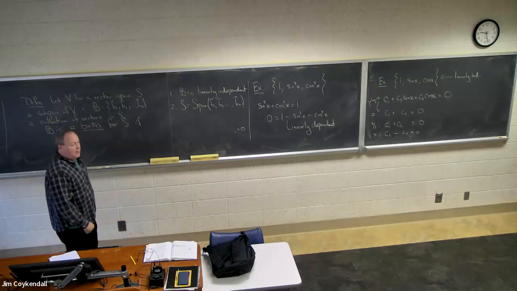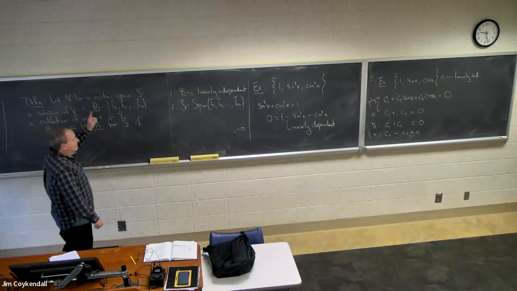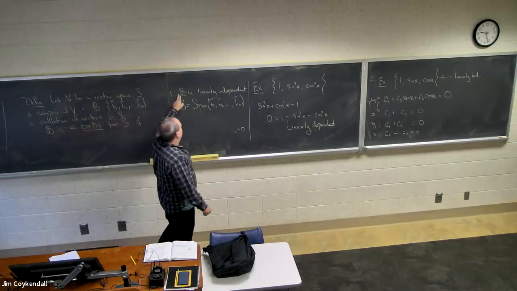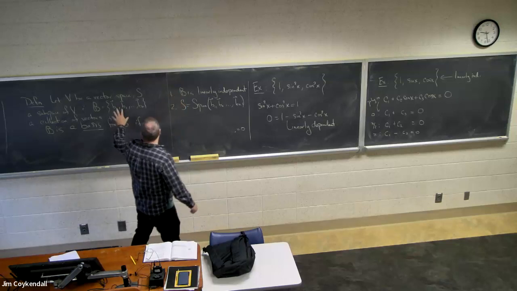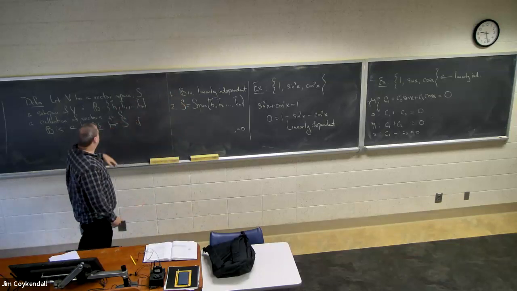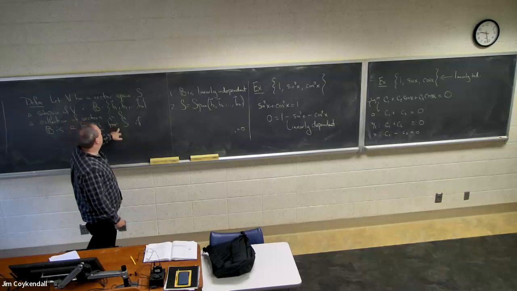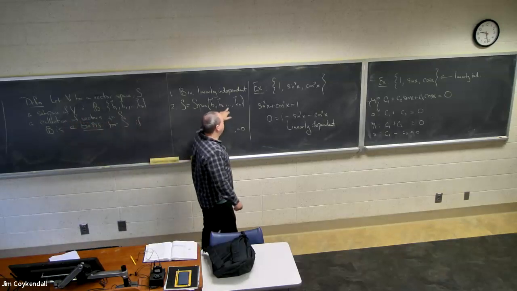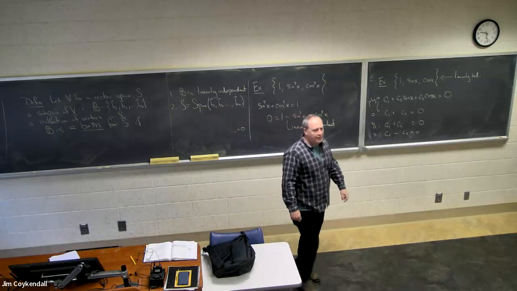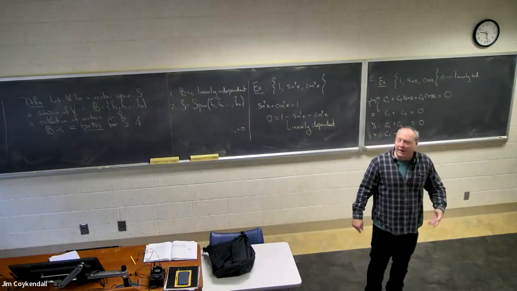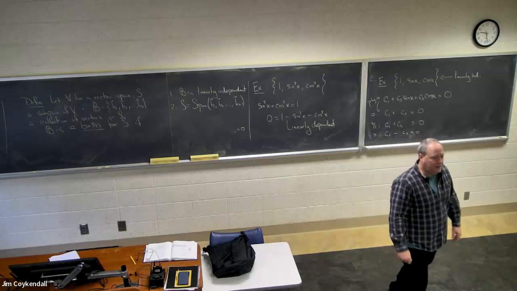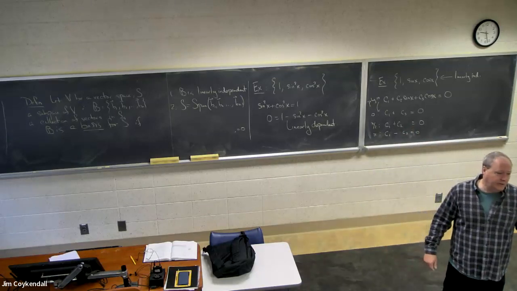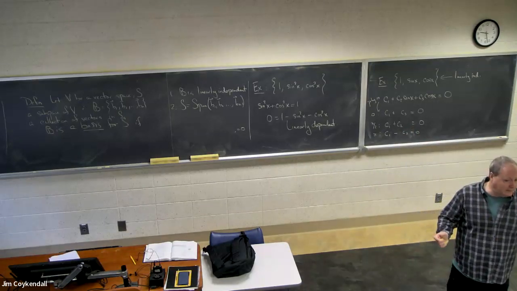That's the span. So there's two things going on here. Number one, the set of vectors is linearly independent. So in a certain sense, that means it's as small as possible. And number two, everything that lives in the subspace S is a linear combination of these vectors. By the way, a basis is not unique. If I walk up to you on the street and give you a vector space, it's usually got many, many bases.